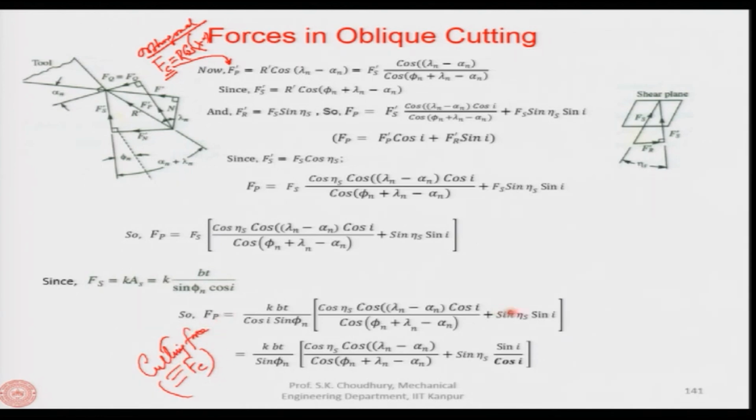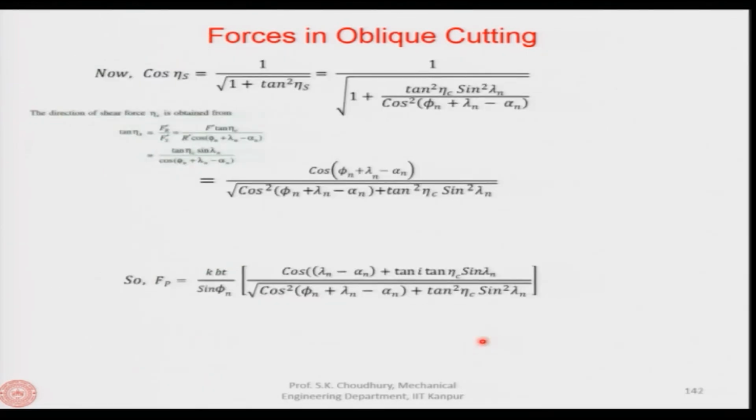So, this we found out, the expression is the following, and this expression can be further simplified by taking that cos nu s is 1 over root of 1 plus tan square nu s. This is the formula that is known to us.